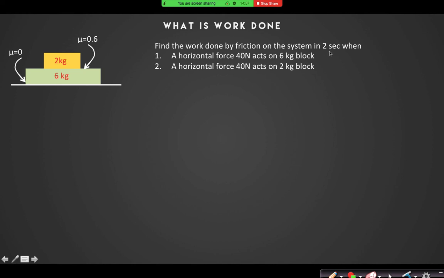So in 2 seconds, you have to find the work done by friction force on the system. When I am saying on the system, you find work done on the 2 kg block separately, you find work done on the 6 kg block separately by friction force, then you just add those. Right? Can you solve this question now? The total work done on the system. Okay, sir.